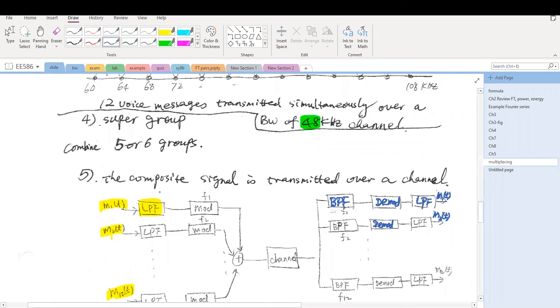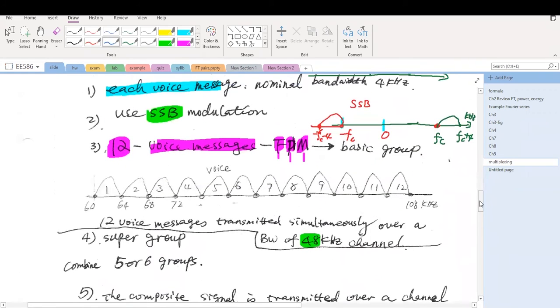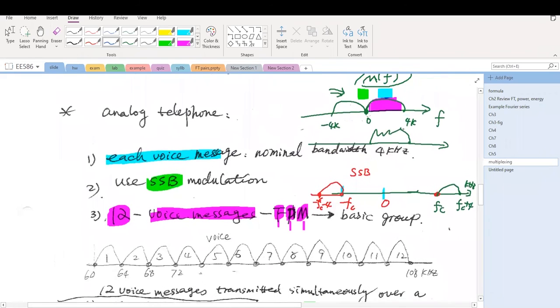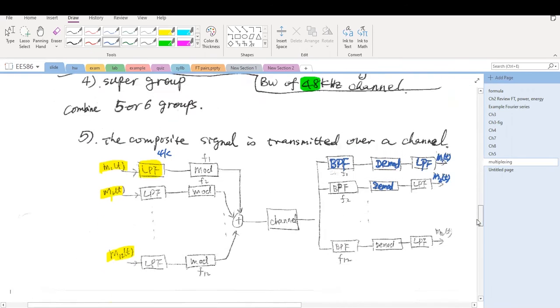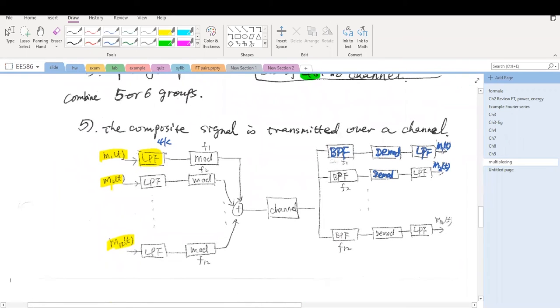The cutoff frequency is 4K. I make sure that the message does not contain frequency components higher than 4K.